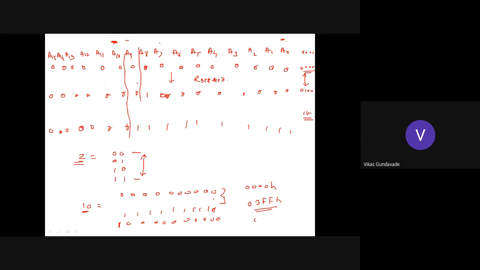This address will be 0400H onwards, up to how much space? Up to 07FFH. So all the pins become 0, and the maximum address will be 1111111111. So that will be the maximum space acquired by one more 1K memory. So this is the first 1K memory and this is the second 1K memory. Like this, the memory gets addressed in memory addressing.